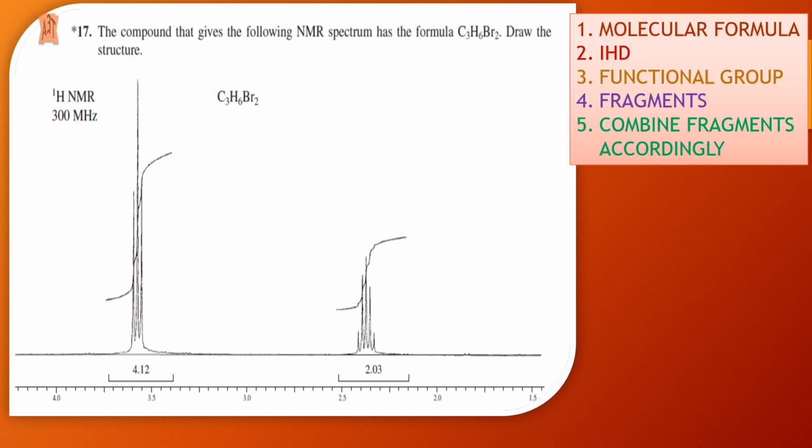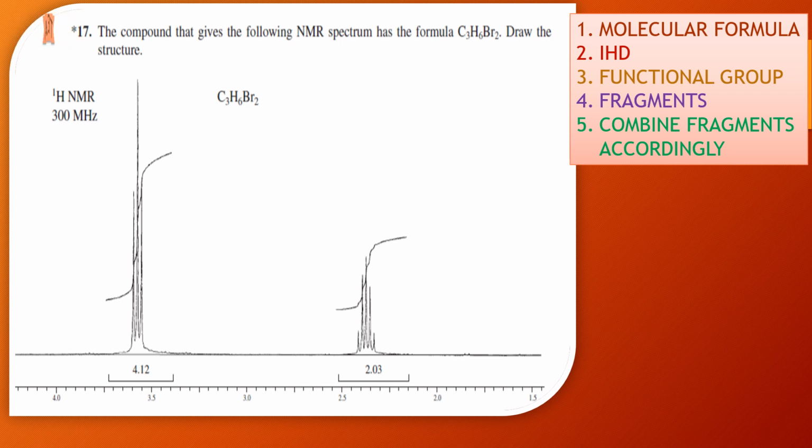In the previous video I have already discussed the steps: the molecular formula, IHD, functional group, fragments, and then the fragment count. To solve the H NMR problem, we need the molecular formula and we find the IHD. I have discussed how to find IHD in other series as well, so if you don't know how, go to the playlist and find it.